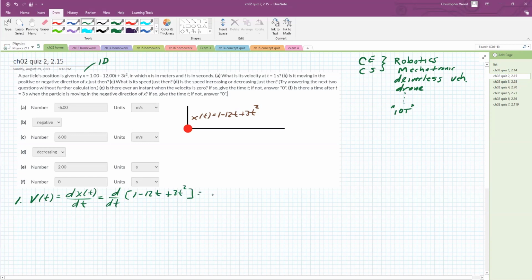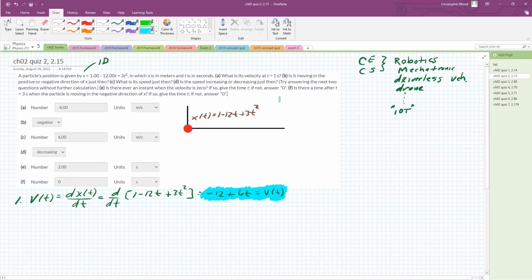So this is going to be minus 12 plus 6t. And once again, this is my velocity function. So pretty straightforward. This is a pretty low degree of difficulty problem, but every problem is hard when you first see it, and this is no exception.